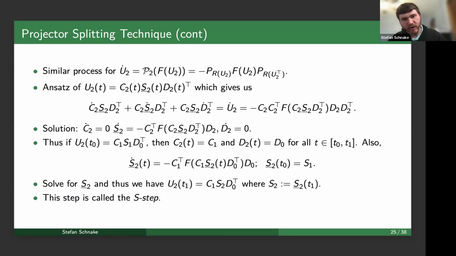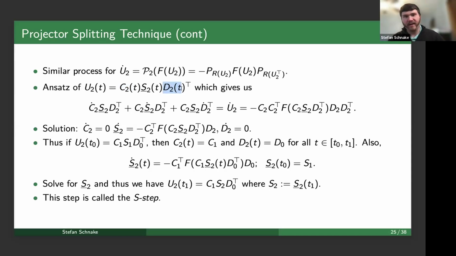Okay, so the second term is this projection onto the left and right-handed ranges of the matrix. We're essentially just going to play the same game, but this time you can show that the solution still is rank R, and it's going to be given by the span of C and D for some C2 and D2.